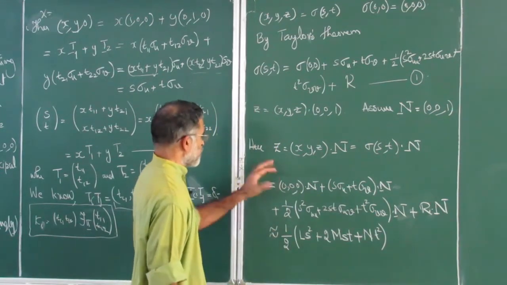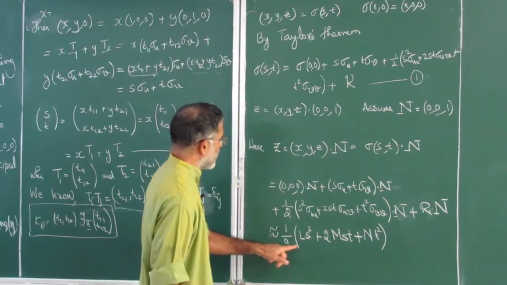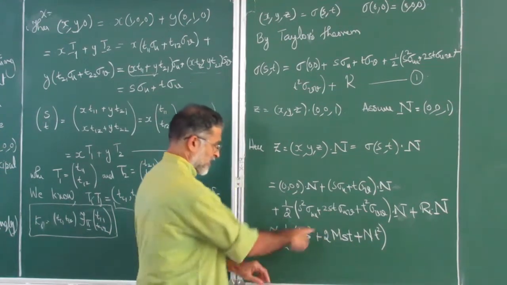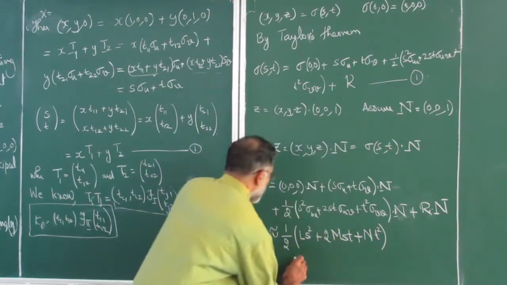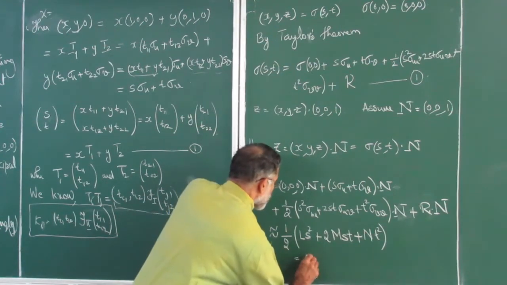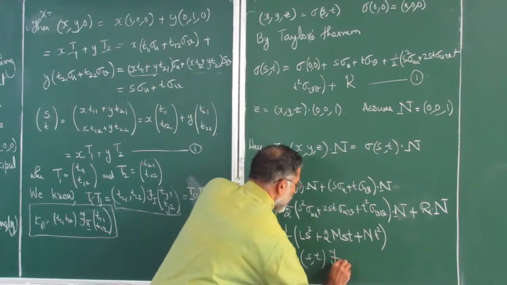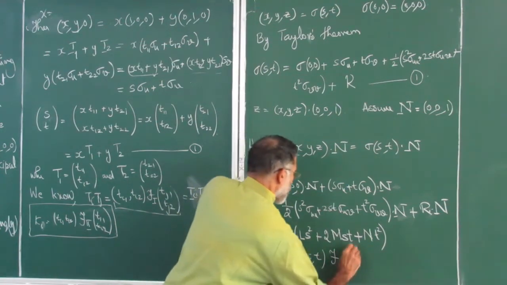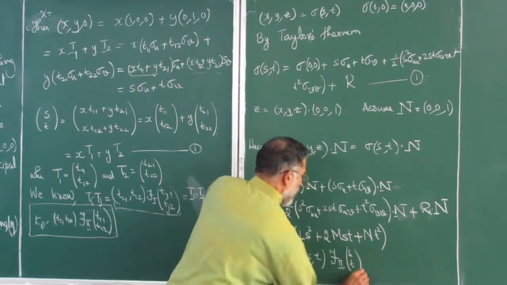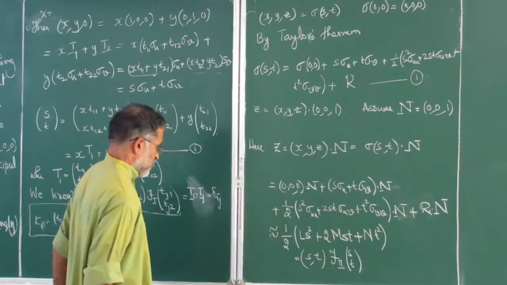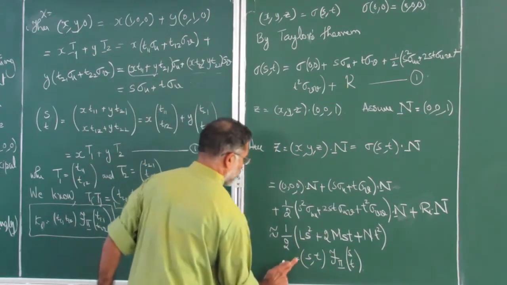So your z is approximately equal to this number. And what is this? This we have seen many times. This is going to be S comma T, the second fundamental form, ST. So this is, oh, half will come there.